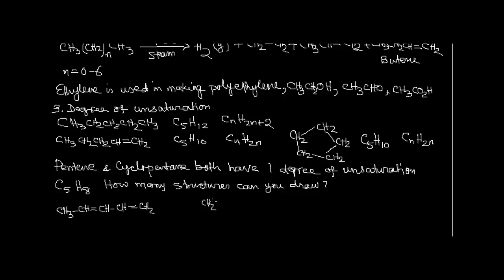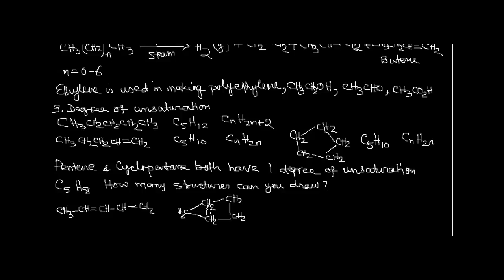Okay, let me show you this. Two cyclic structures. What is wrong with this? 1 carbon, 2 carbon, 3 carbon, 4 carbon, 5 carbons, and each carbon has 2 hydrogen in there.